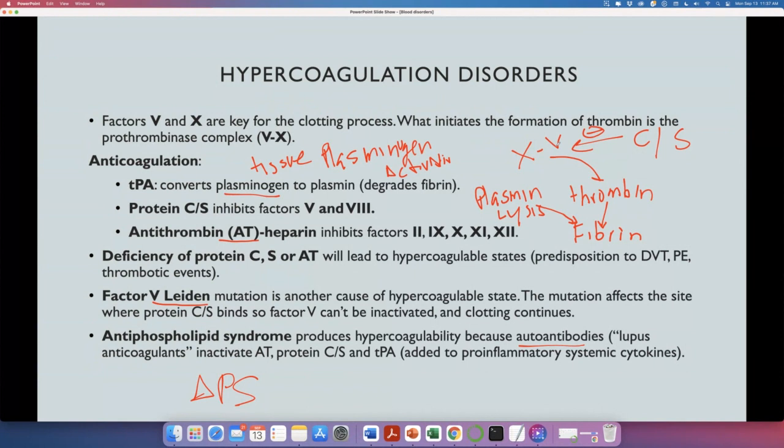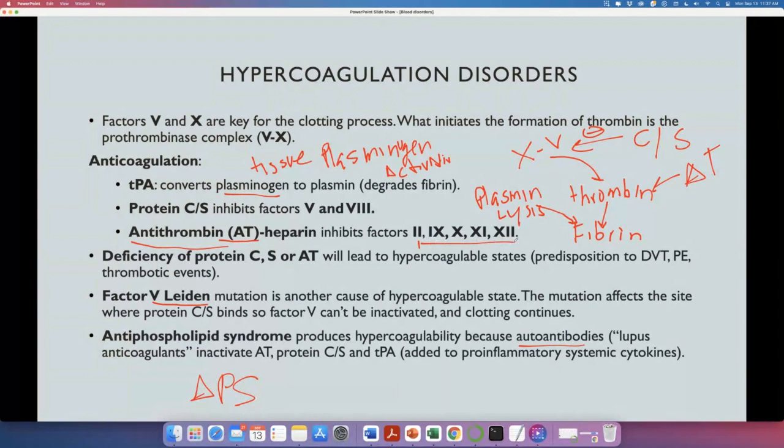There is another protein that is called anti-thrombin. The name is self-defining. Remember thrombin? Anti-thrombin will inhibit this. That is the name anti-thrombin. It inhibits factors 2, which is fibrinogen, inhibits factor 9, 10, 11, and 12.